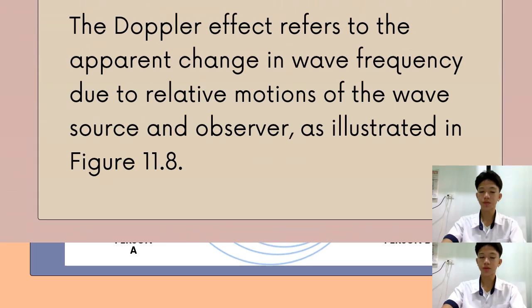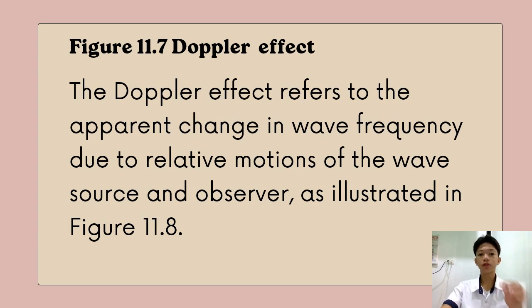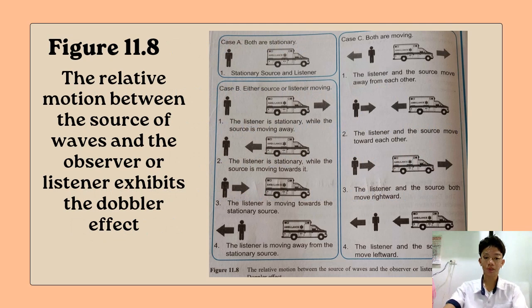The Doppler effect refers to the apparent change in wave frequency due to relative motion between the wave source and the observer, as illustrated in figure 11.8. So I'm going to show you another picture.